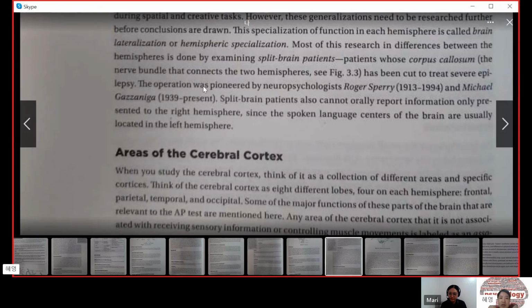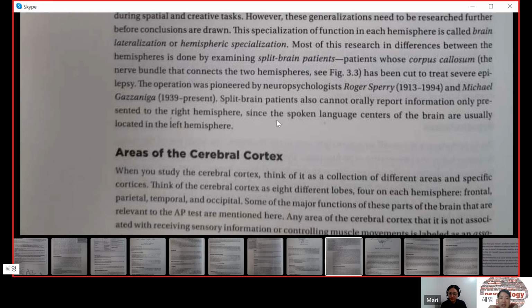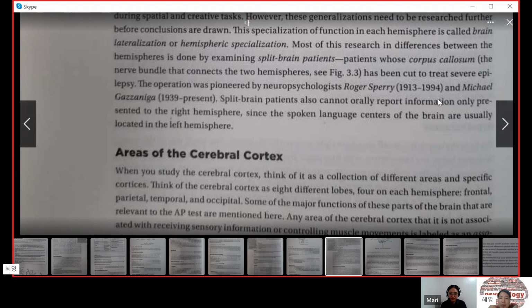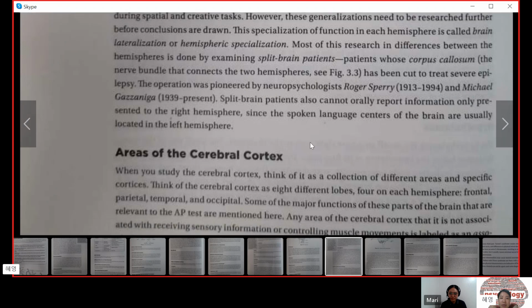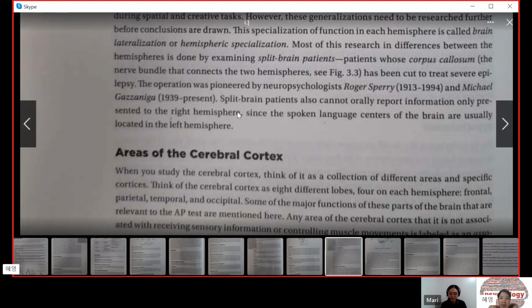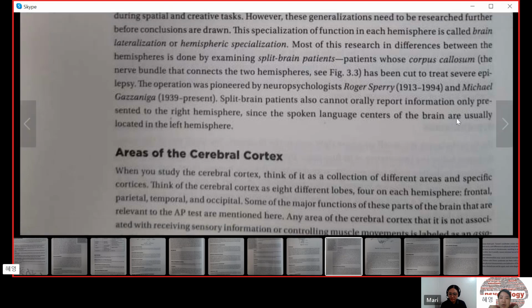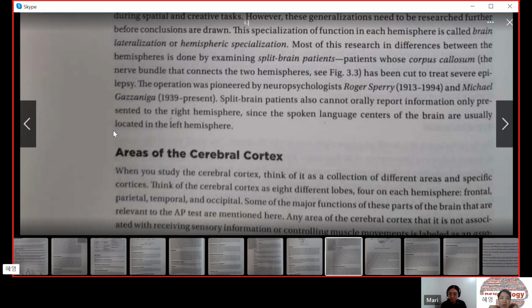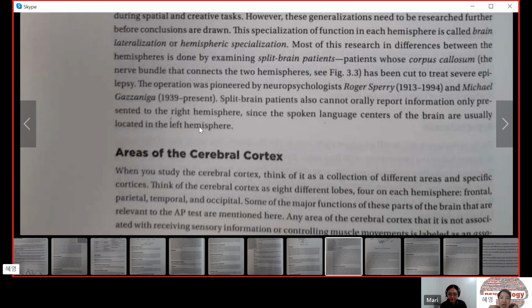The operation was pioneered by neuropsychologists Roger Sperry and Michael Gazzaniga. Split brain patients also cannot orally refer to information only presented to the right hemisphere, since the spoken language centers of the brain are usually located in the left hemisphere.